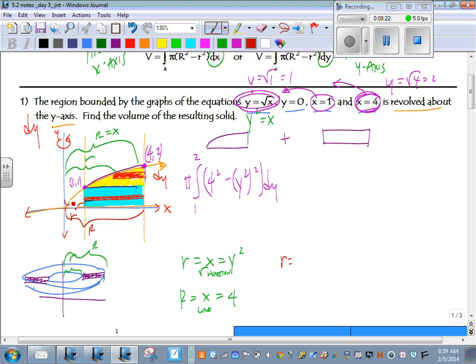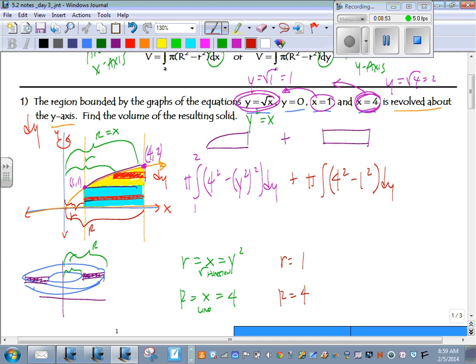No matter where that rectangle is, if we move it up or down, that little radius is always 1. Alright, big radius, always going to be 4. Always goes to that line, x equals 4. So for this shape, it's pretty simple. We've got pi times definite integral, we'll figure out the a and b in a second, of big radius squared, so 4 squared, minus little radius squared, 1 squared, dy.